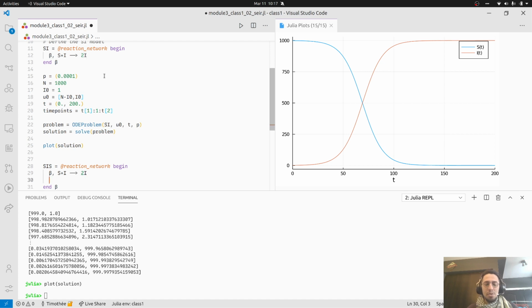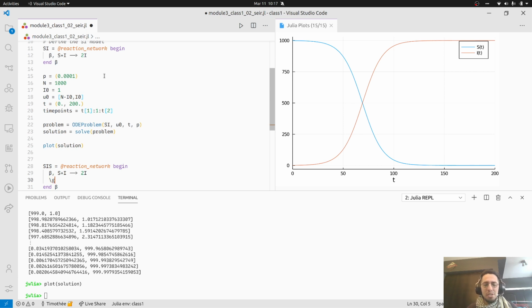And to make that an actual model, we need to define a new reaction. So what is a reaction? Well, reverting to a state where you are susceptible, as opposed to being infectious, is not something that is going to be dependent on contact between individuals. It's something that will happen on its own. So it takes a single element into the reaction.